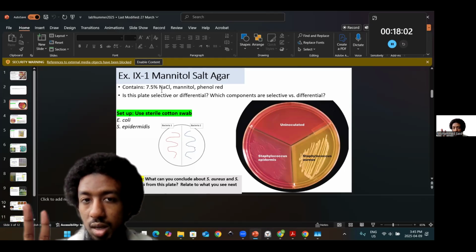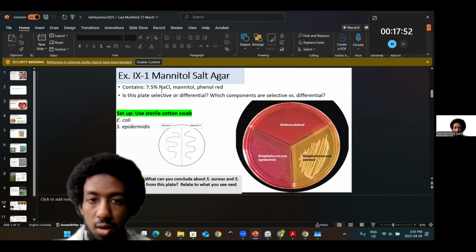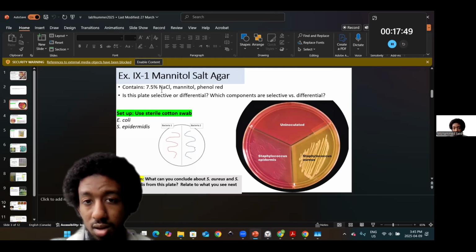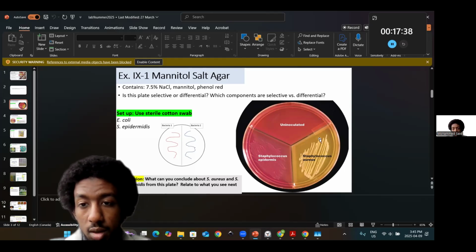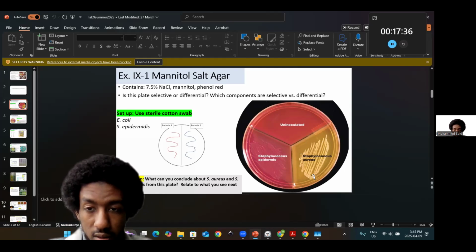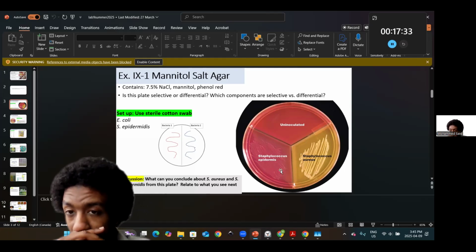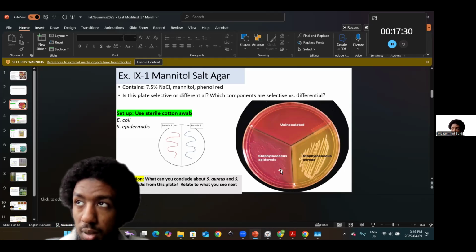So I hope that gives you an idea to appreciate that all three components combined indicate both properties can be served in a single plate of selective and differential biochemical properties, right? So, let's say, these two bacteria are osmotolerant, but only one of them can ferment mannitol and the other cannot. So this hopefully gives you an appreciation that in a single plate, you can differentially and selectively compare different traits biochemically.